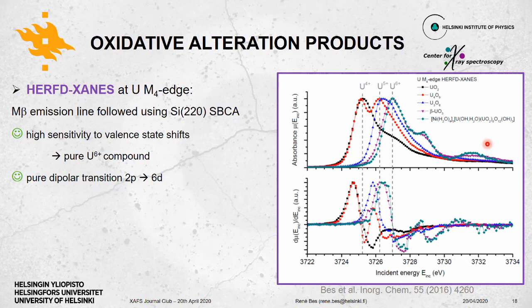This is well known in the L3 edge, where the uranium 5+ is mainly observed below the uranium 4+, before going back up to the 6+, just because of the uranyl bonding or shortening of the oxygen bonds, which shifts the 5f and the 6d to lower energies, but not in the same manner.